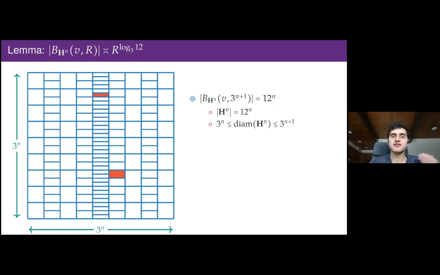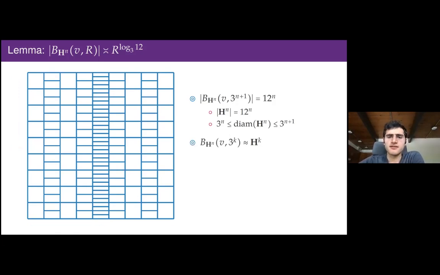By left, I mean the tiles that touch the left edge of Hn. If you want to get from any such tile to one of the tiles that touch the right boundary, you would need to go through 3 to the n many vertices. The same is true for going from top to bottom.